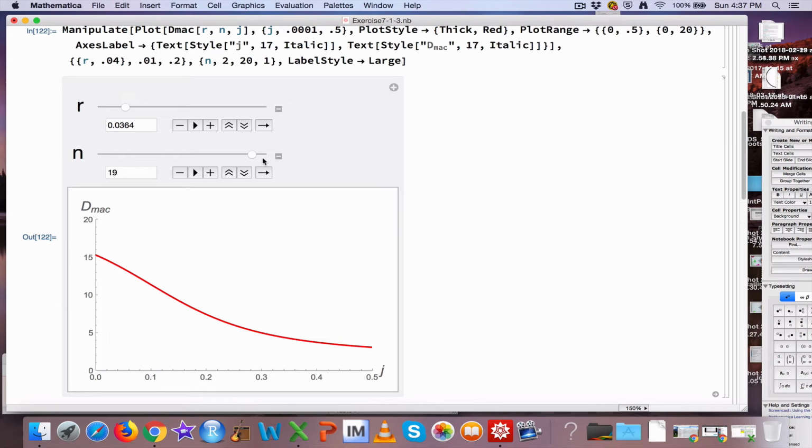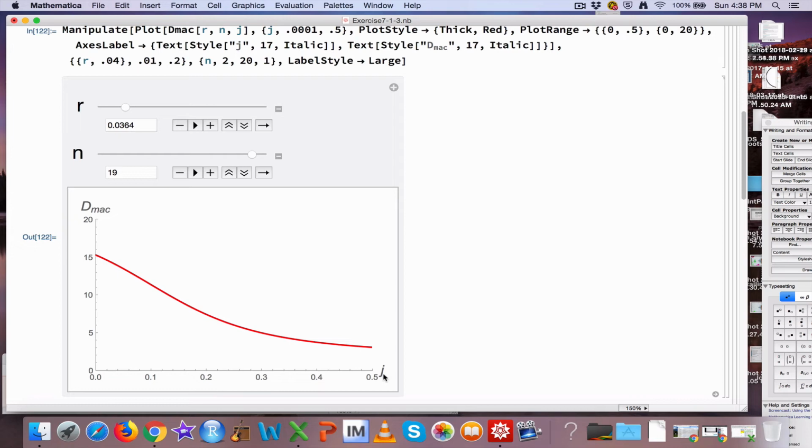Why would that be? Intuitively, values of j that are so high, like 0.5, 50%, are going to make the present value of the redemption amount tiny. It's going to weight those earlier coupon amounts much more heavily. So even though n is large and getting larger, the duration can still go down when j is really large.